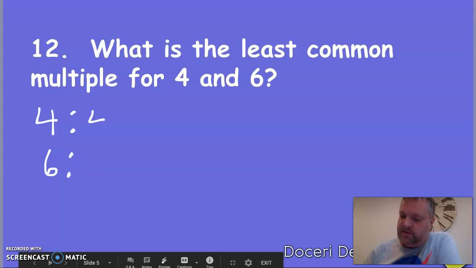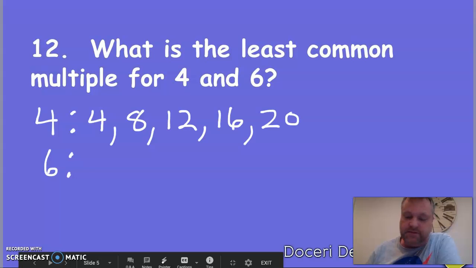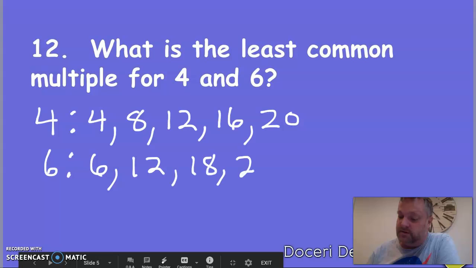So 4 times 1 is 4, 4 times 2 is 8, 4 times 3 is 12, 4 times 4 is 16, 4 times 5 is 20. Same thing for 6. 6 times 1 is 6, 6 times 2 is 12, 6 times 3 is 18, 6 times 4 is 24, 6 times 5 is 30.